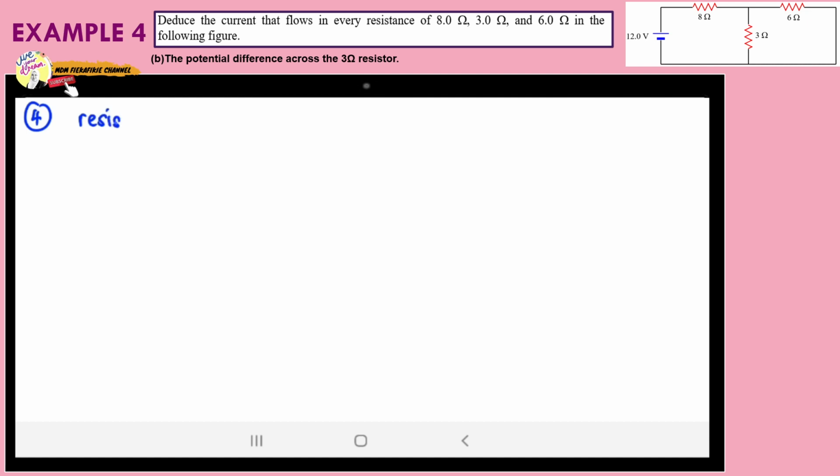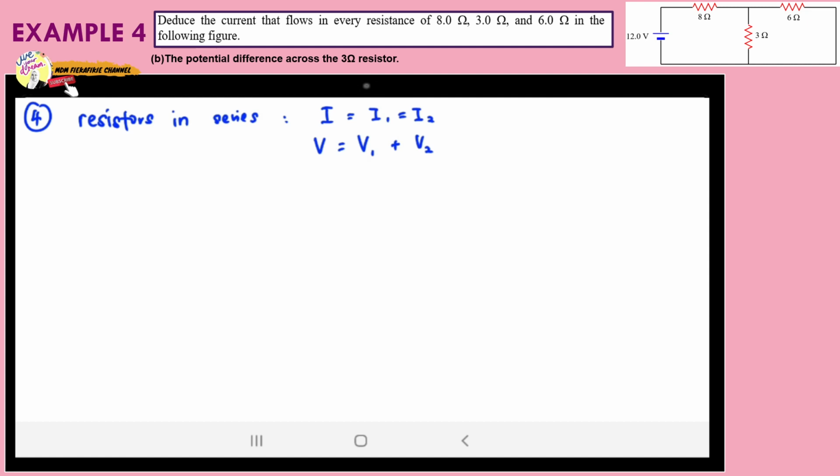Okay, when the resistors combine in series, I total is equal to the I that passes through R1 and also R2. Let's say we just have two resistors. But for the voltage, V total is equal to the voltage across R1 plus the voltage across R2.